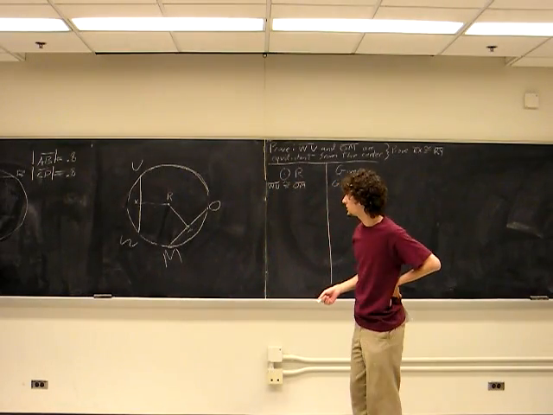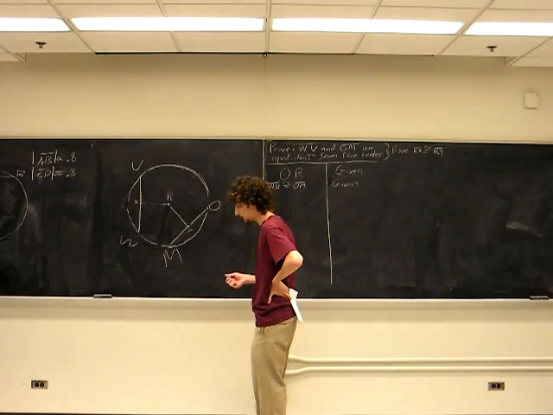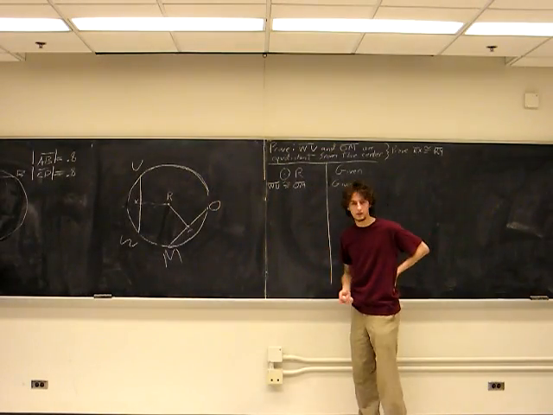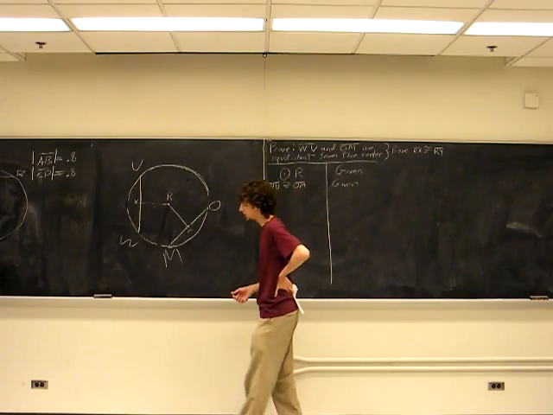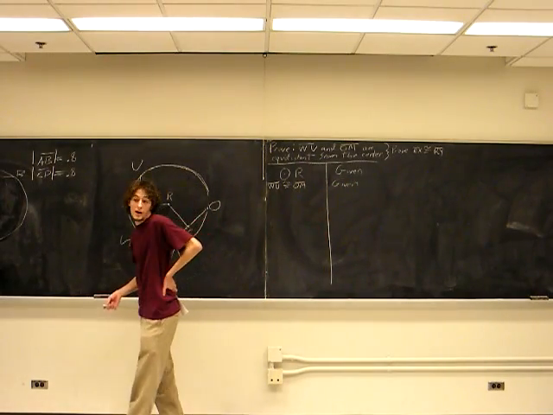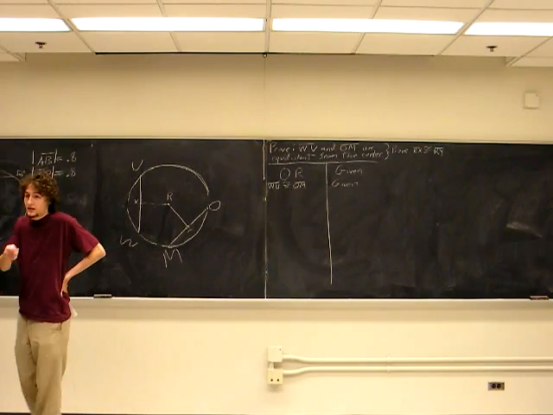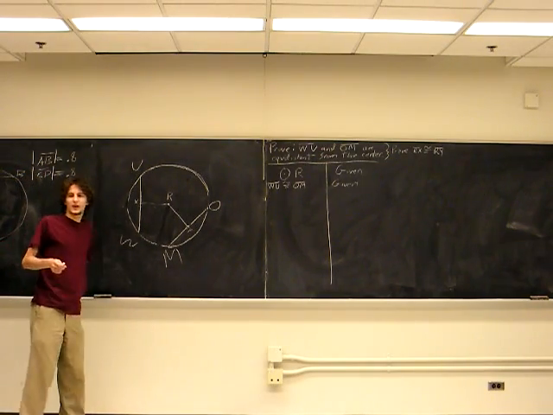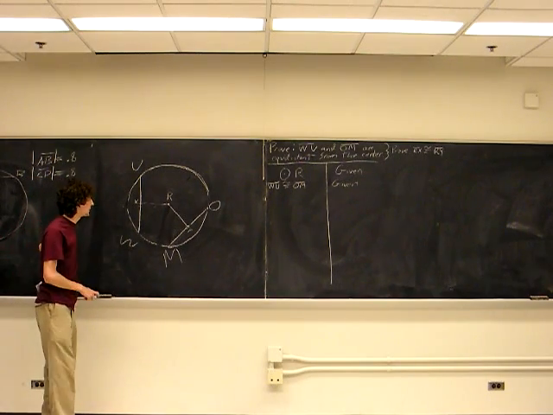Well, what do we know? What are some proof strategies we have? We can construct things. We can try and make some triangles, maybe. Triangles are very helpful. Let's get some triangles on here. What triangles can we make? Oh, we can make any triangle we want, but there are specific triangles we want.